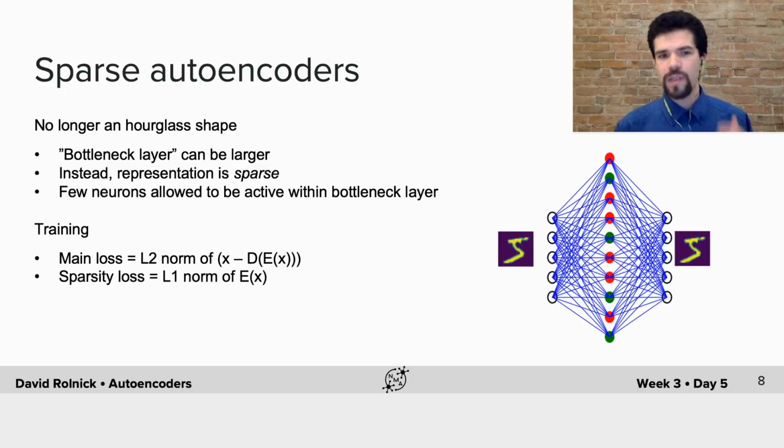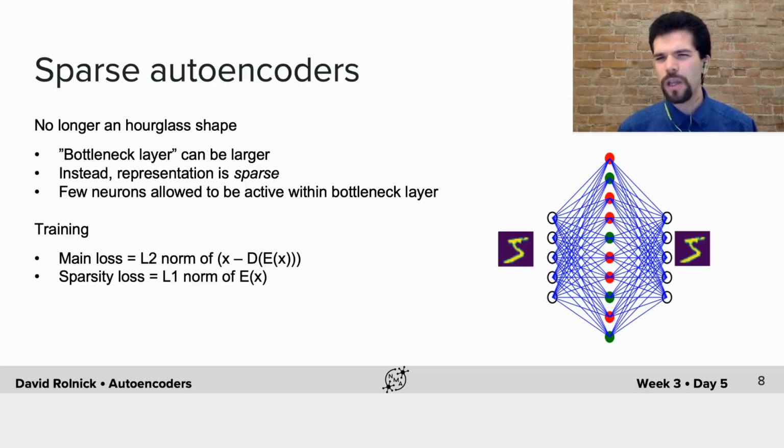And so this is the sparsity loss. It's just the L1 norm of the encoded representation, the bottleneck layer's activation. You can think of this as a form of regularization, if you like, where you're trying to reduce the number of neurons that are active for any given input in the bottleneck layer.